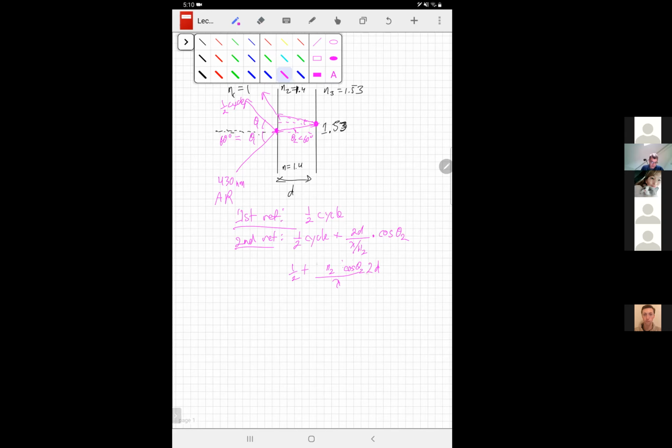Two d, all of this divided by 2 pi. So 2 pi n2 cosine theta 2 over lambda, that would be kx times 2d over 2 pi. We always think of it as being the component of the k vector that is going into the surface.